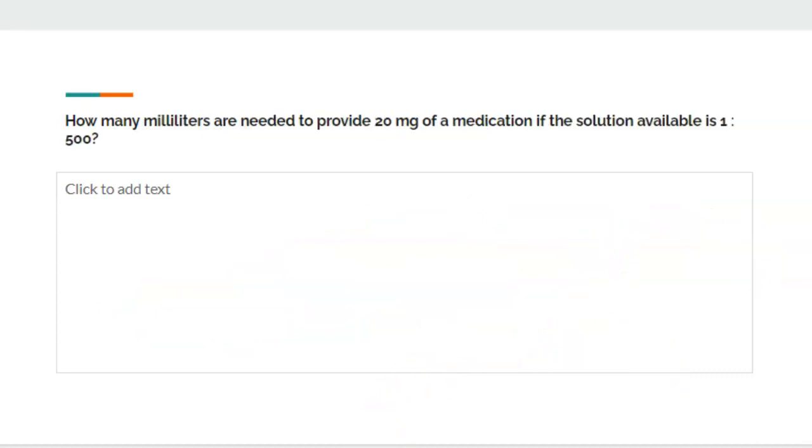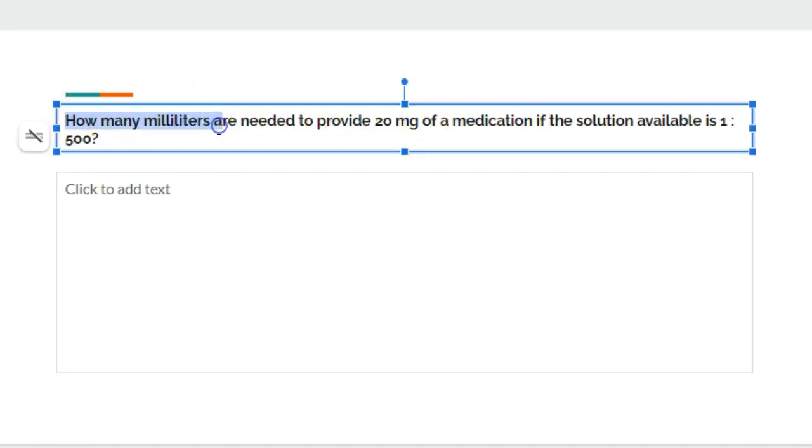Okay, we can do one more. I wanted to show this one because it asks how many milliliters we are calculating, and it is giving us milligrams. So we might have to do some conversion here, because we have a ratio strength of 1 to 500.